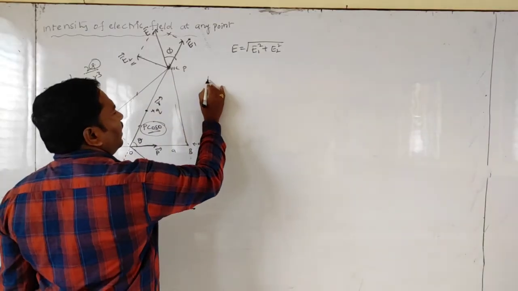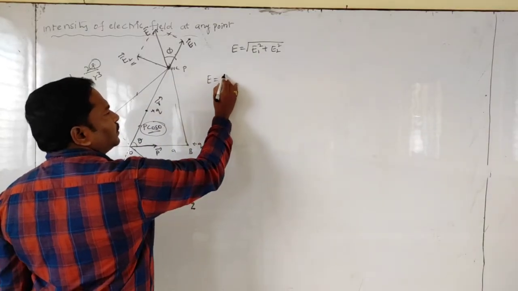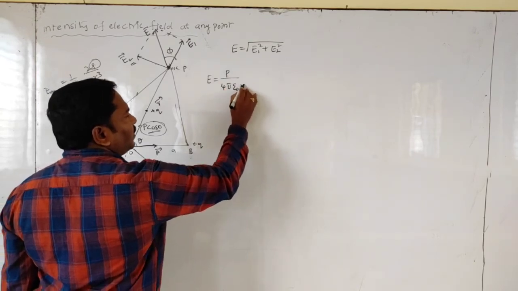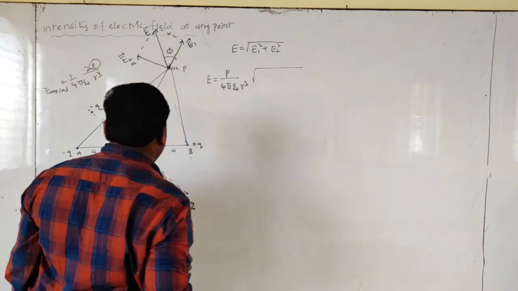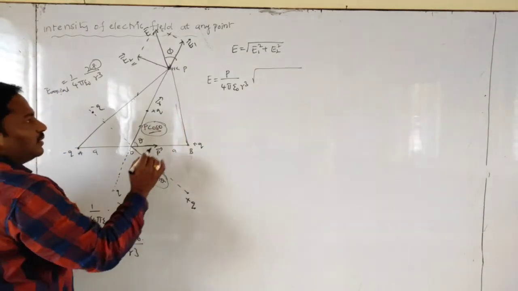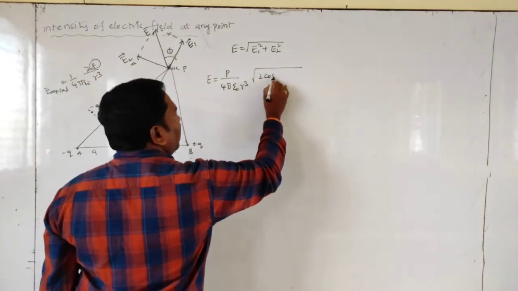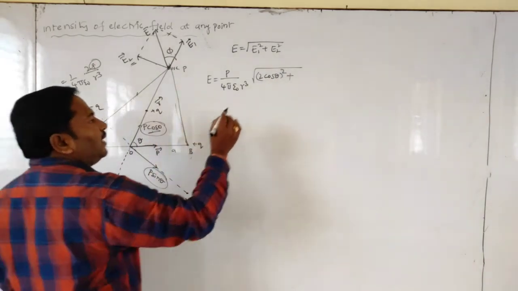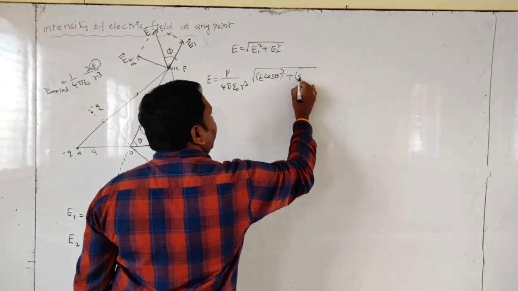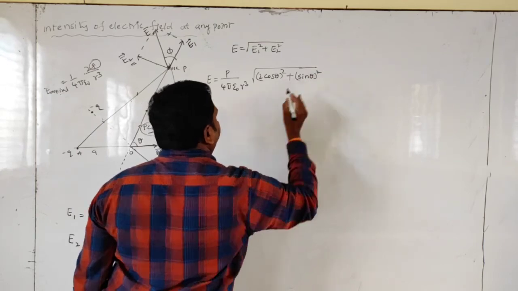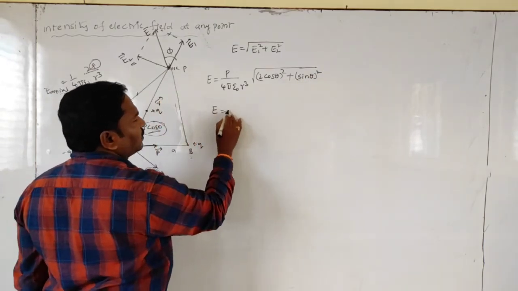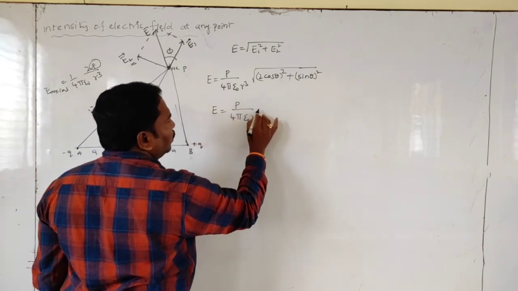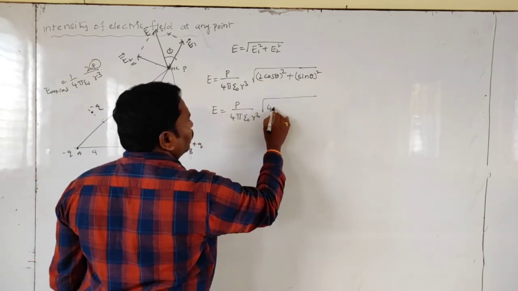Now we got the expression. So p by 4 pi epsilon naught r cube is taken common, and the term is 2 cos theta whole square plus sin theta whole square.